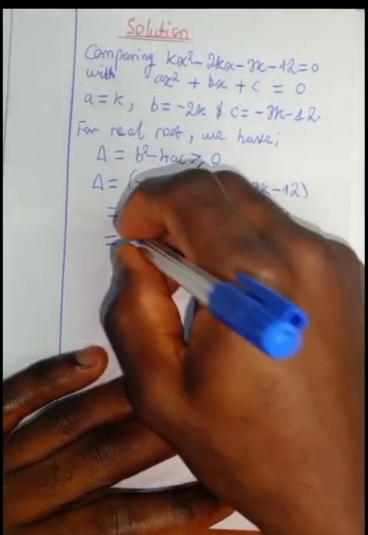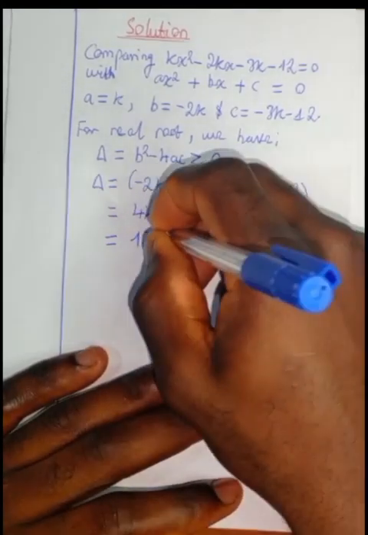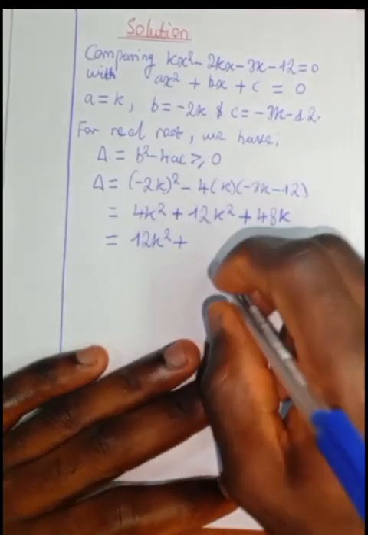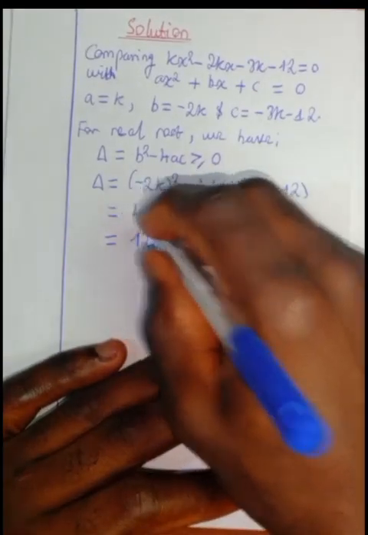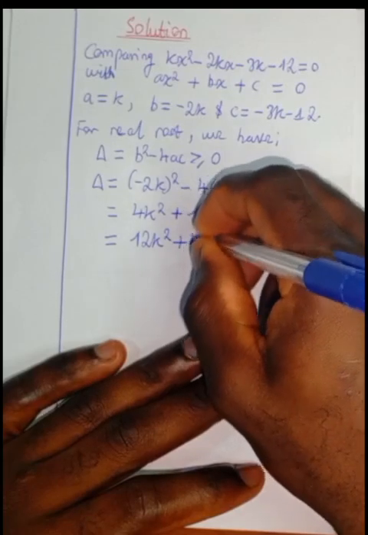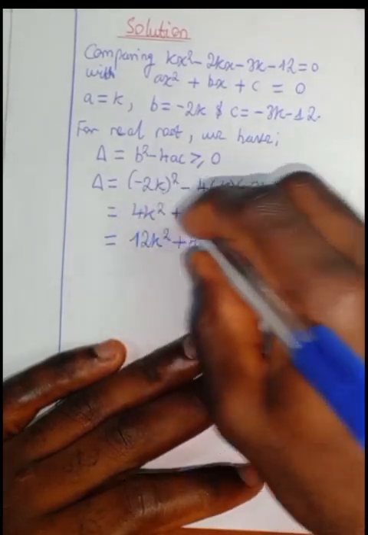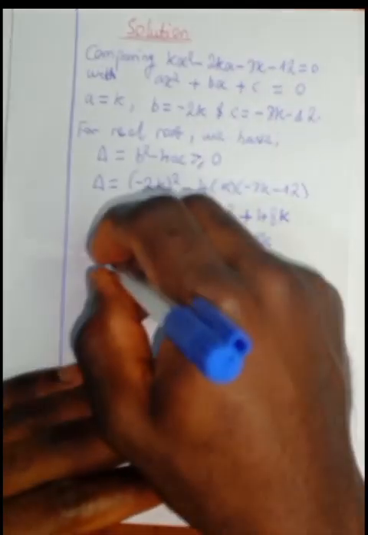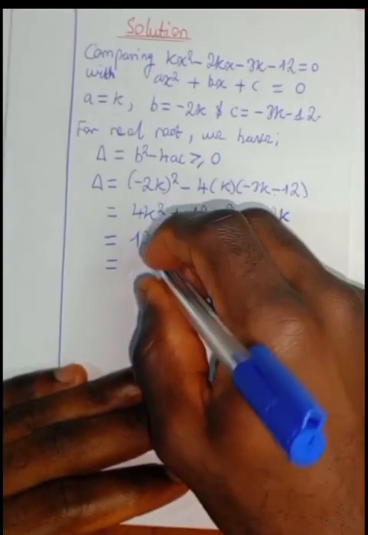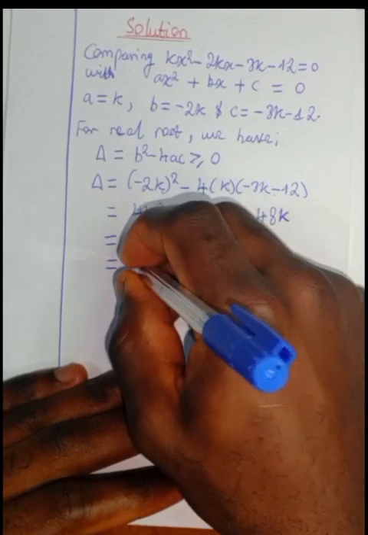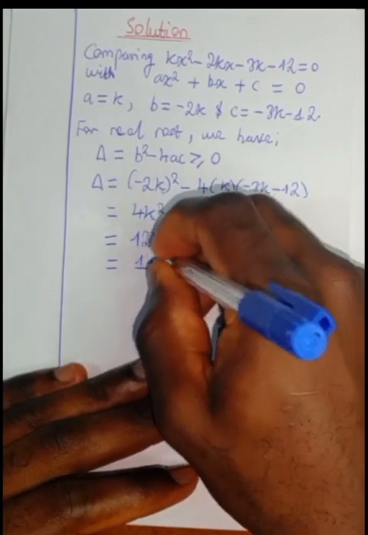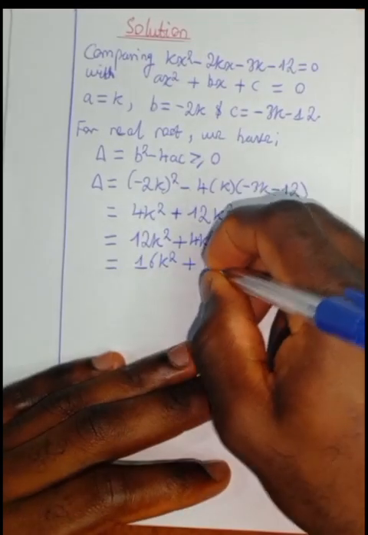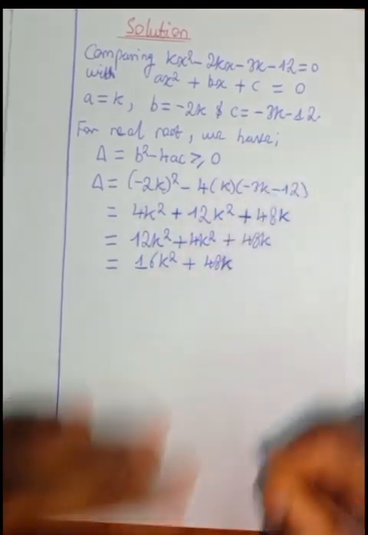This will simply be 12k squared plus 4k squared, which adds to 16k squared, plus 48k.